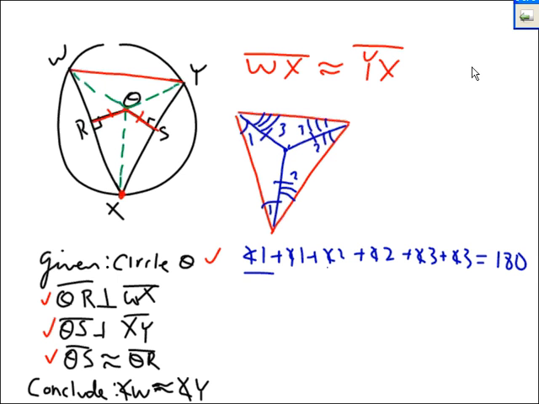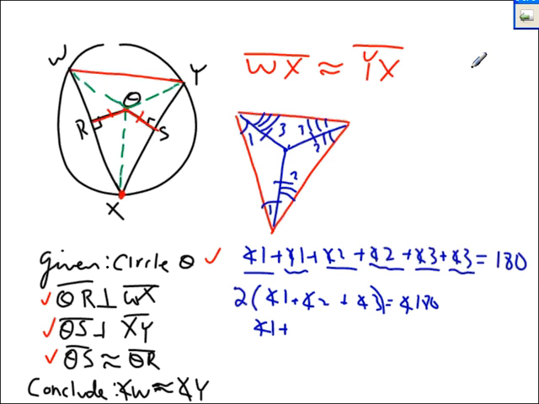Well, angle 1 plus angle 2 plus angle 3, whatever that is, it's going to be the same as 1 plus 2 plus 3 a second time. That is, we really have 2 times angle 1 plus angle 2 plus angle 3, which is 180. Well, that tells me that angle 1 plus angle 2 plus angle 3 is 90. Because I know one thing: 2 times 90 is 180.